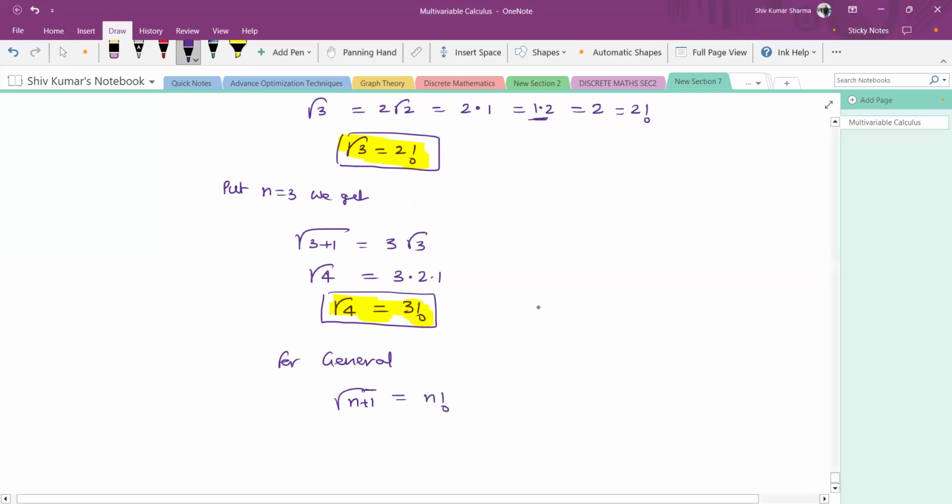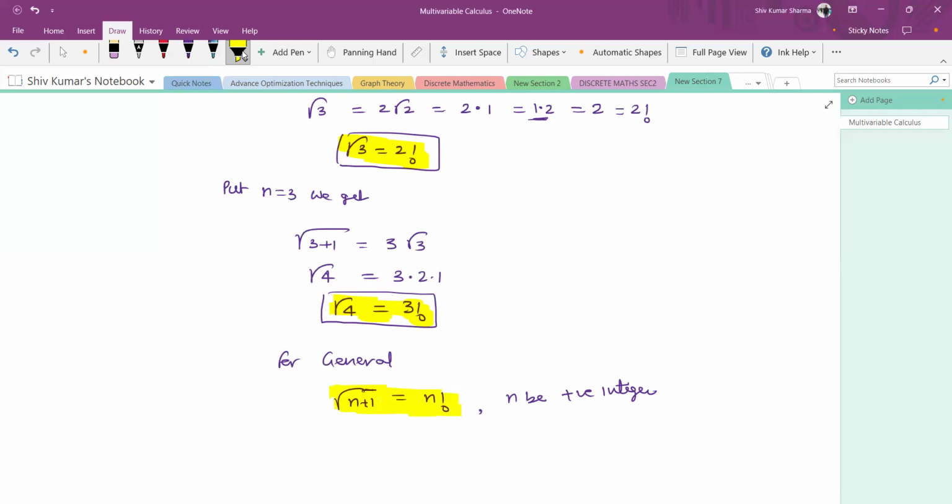Here n is a positive integer. Okay, so this is our general case. As per the previous parts, we have proved the value of gamma 2 is 1, gamma 3 is factorial 2, gamma 4 is factorial 3. So when we calculate gamma n plus 1, this gives us factorial n.